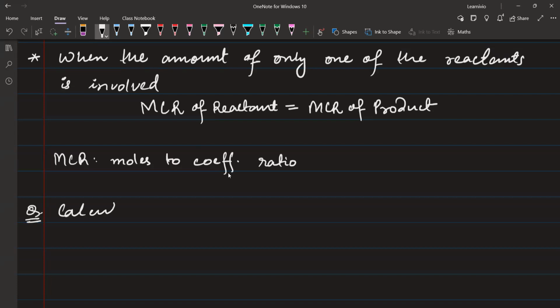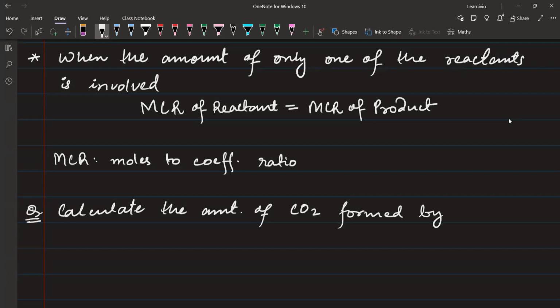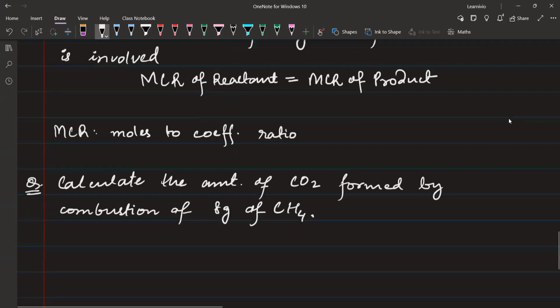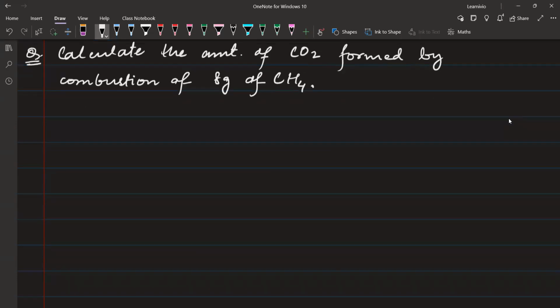Calculate the amount of CO2 formed by combustion of 8 grams of CH4. Now this is our question. Hope you have written this down. Let me calculate the amount of CO2 formed by the combustion of 8 gram of CH4.